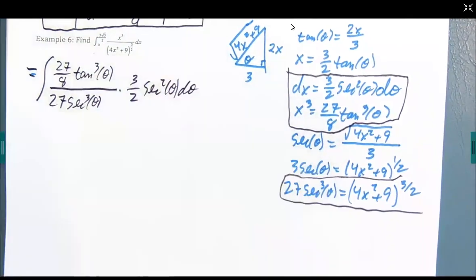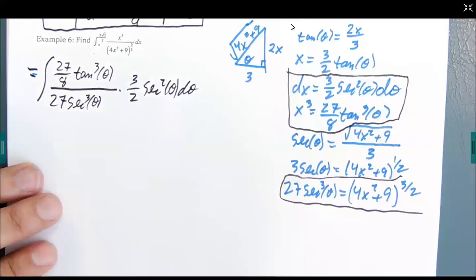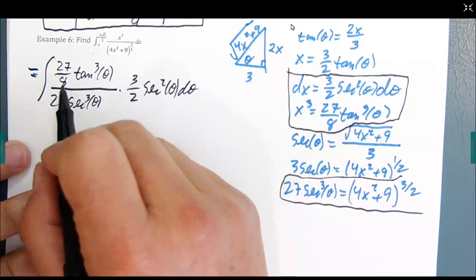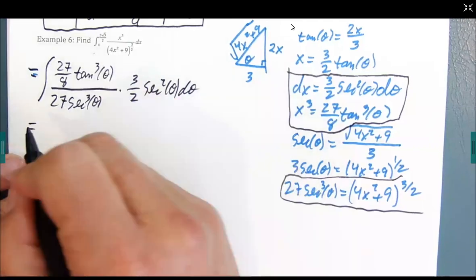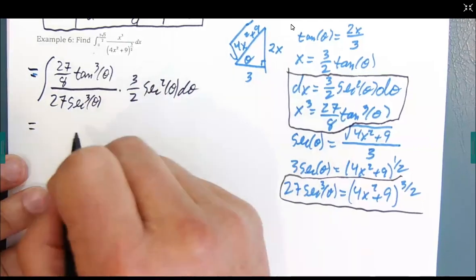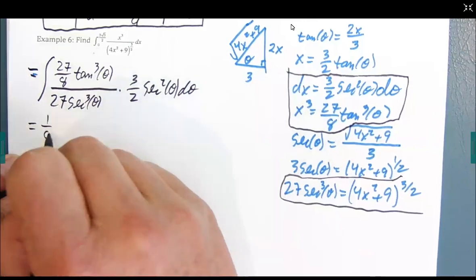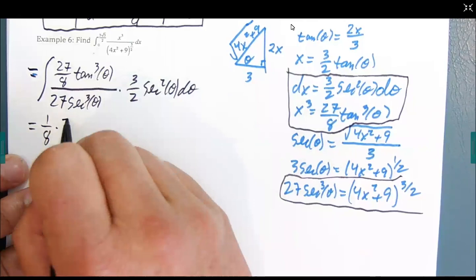Ooh, let's try to piece all this together. All right, so we have the 27s are going to reduce out. That's going to become 1/8. Yeah, 1/8 times 3/2.